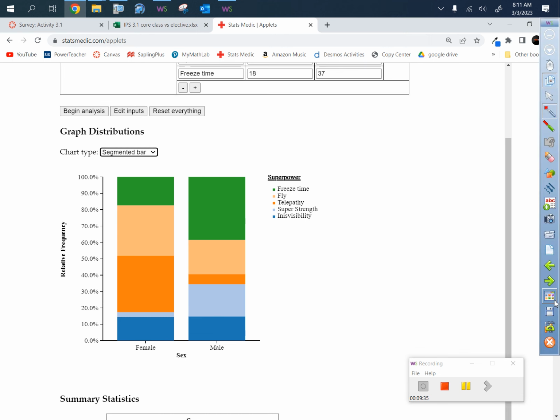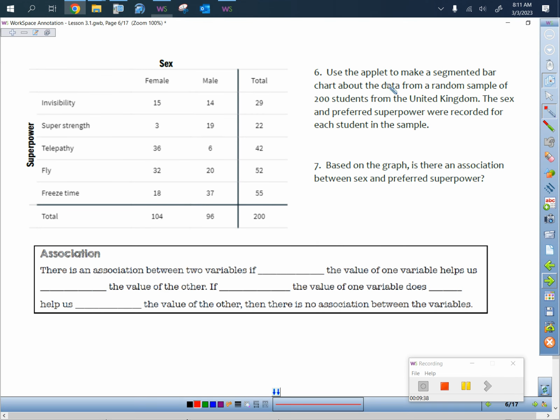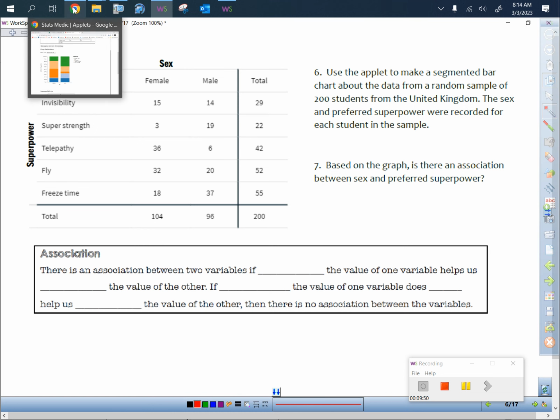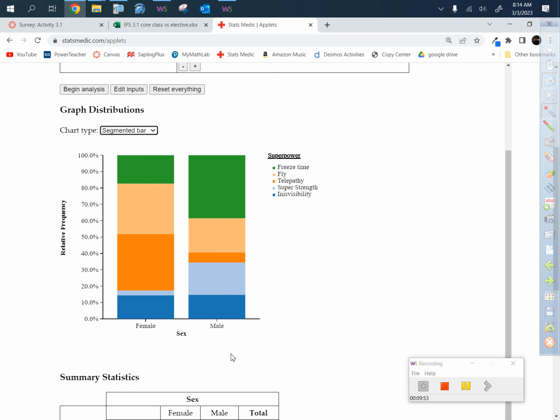So let's see what this guy says here on our practice sheet. It says use the applet to make a segmented bar chart to look at the data of these 200 students in the UK. It says, based on the graph, is there an association between what gender you are and your superpower? Well, obviously now we don't know how to read a segmented bar chart, but I would just ask you to kind of guess.